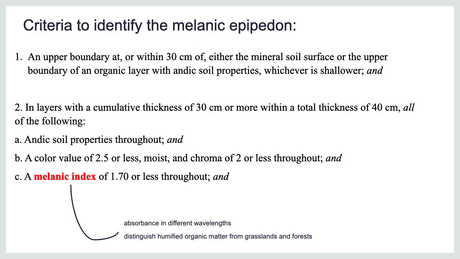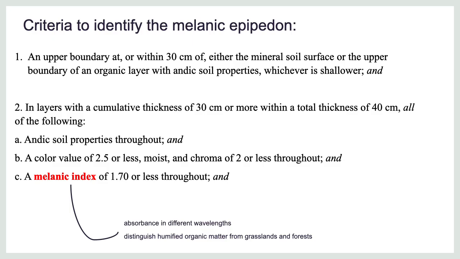So I need to consider that in the first 30 centimeters below the soil surface or below the contact with an organic layer, I need to identify index soil properties, that what we saw now: very high phosphorus absorption, low bulk density, sometimes even volcanic glass. Okay, so I need to identify the index properties in the first 30 centimeters or in this contact.